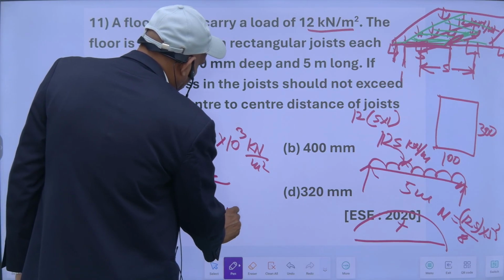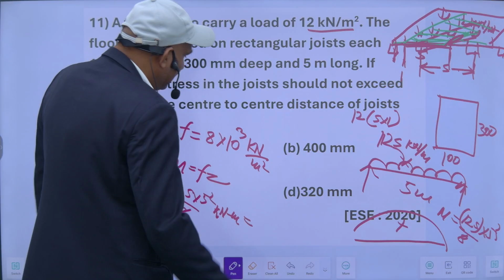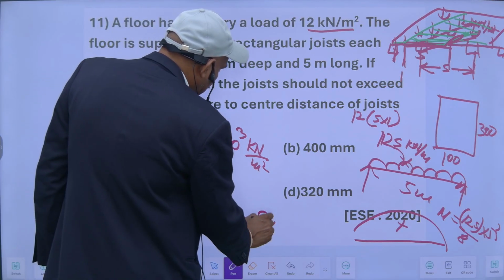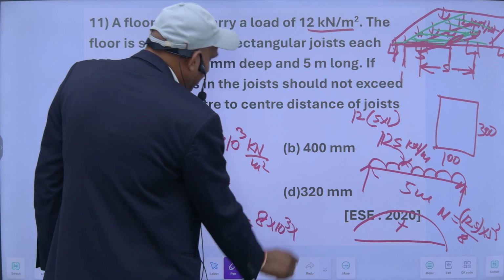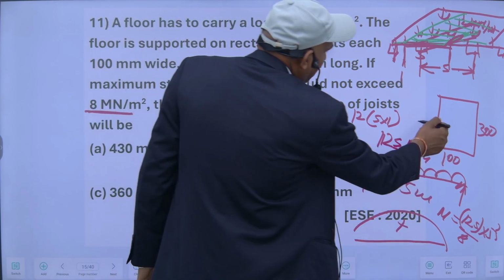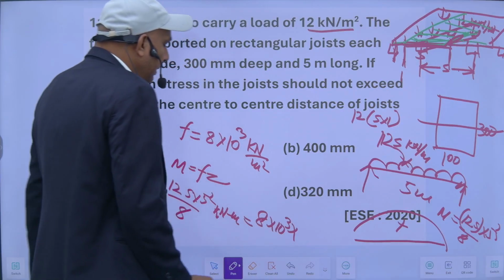M is equal to Fz. My stress is in kilonewton meter, F into Z. Z is section modulus. And section modulus will be how much?